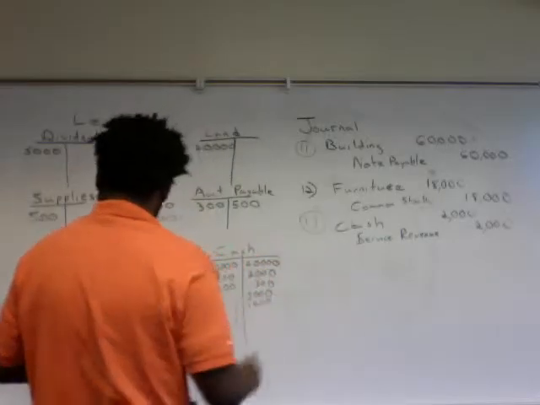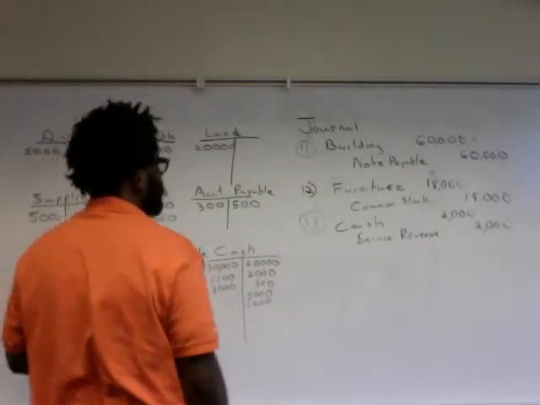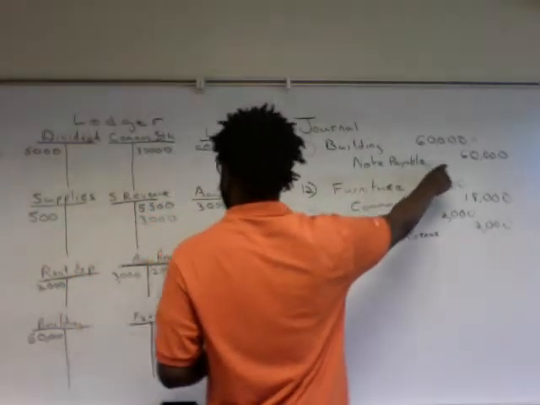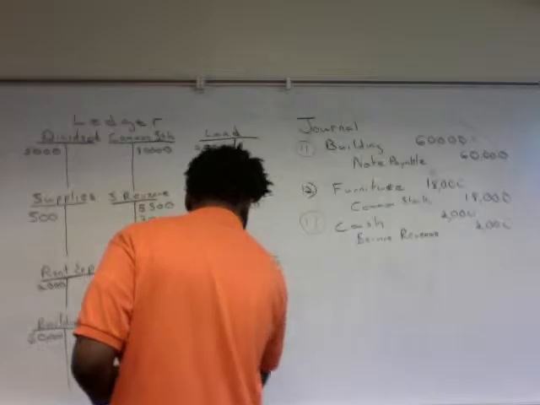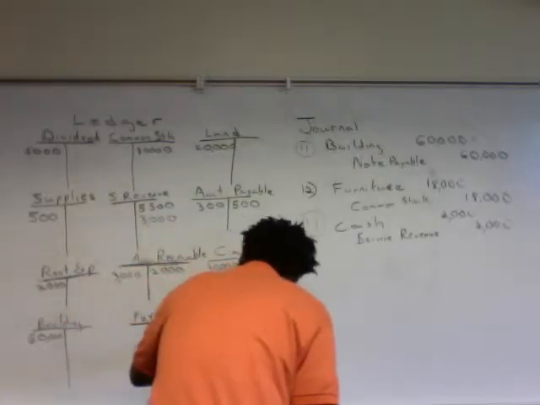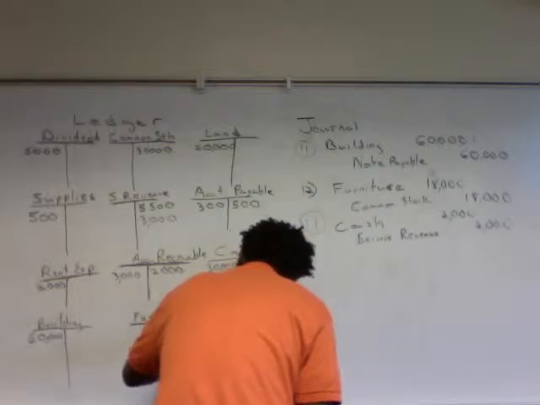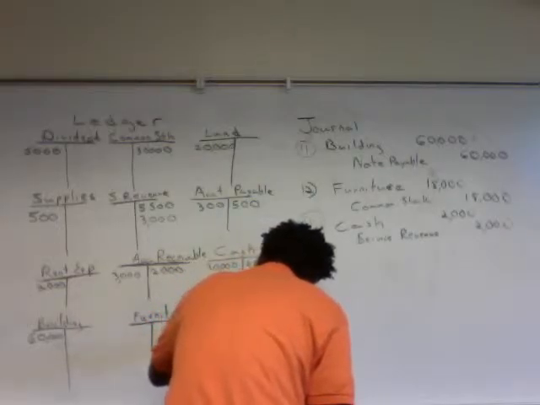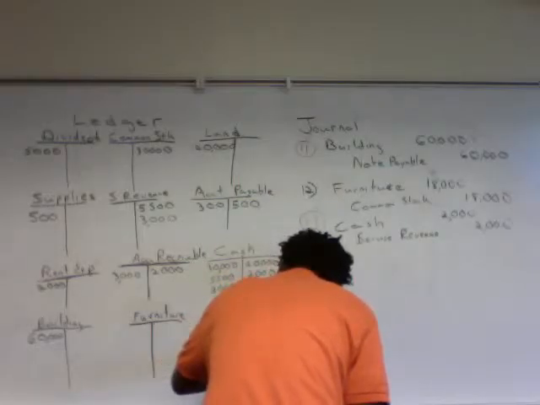And the building was for $60,000, so we're going to debit that. Don't forget to also credit your notes payable, which we do not have. So we need to stick a notes payable in here. I'm going to put the notes payable down here. And we're going to credit this notes payable for $60,000 as well.